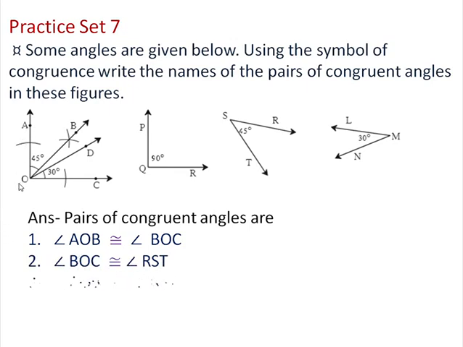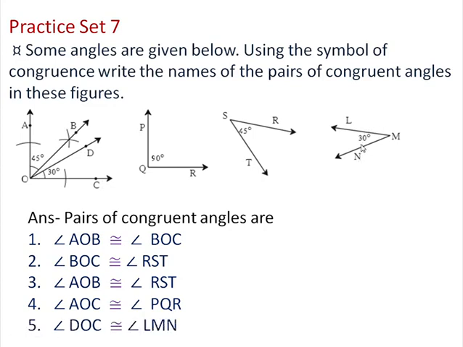Again, angle AOB is congruent to angle RST because both are of 45 degrees. Angle AOC and angle PQR both are of 90 degrees, therefore they are congruent. And at last, angle DOC and angle LMN both are of 30 degrees, therefore they are congruent.